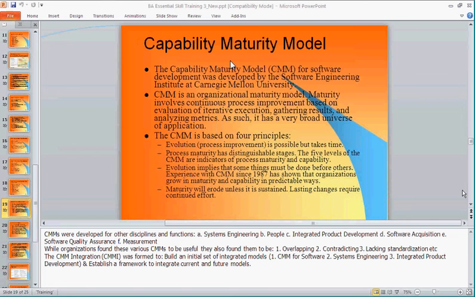However, if you look at the model itself, you will find that when you apply the people capability CMM model separately versus if you apply it as part of systems engineering or as part of software quality assurance, there are certain things that are contradictory.